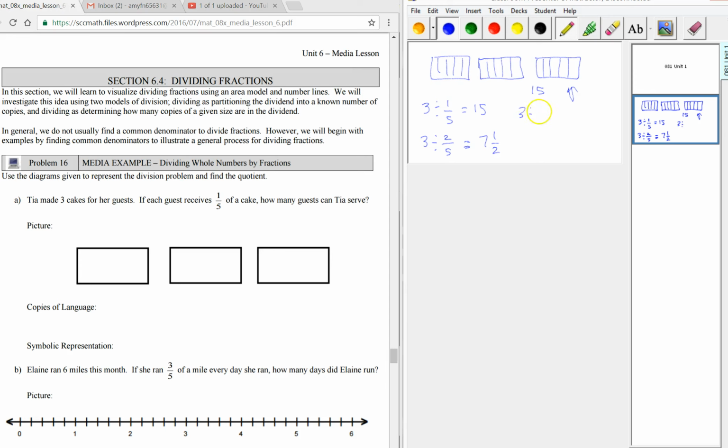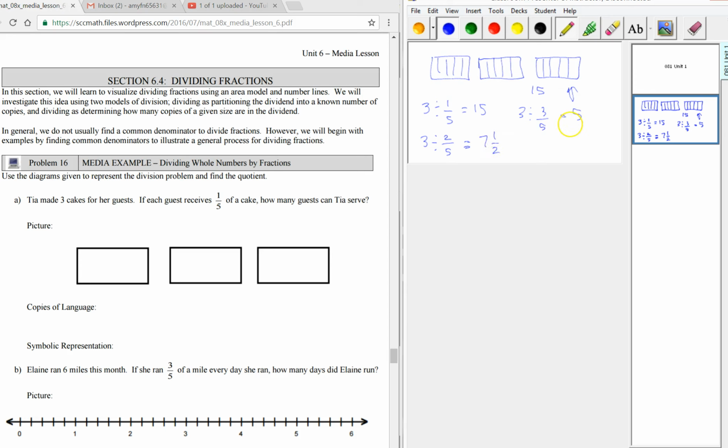3 divided by 3/5. This one will go in nicely. 1, 2, 3, 4, 5. So getting them to count these, and I use different sizes when I do this activity, so you don't get a fractional amount this soon.